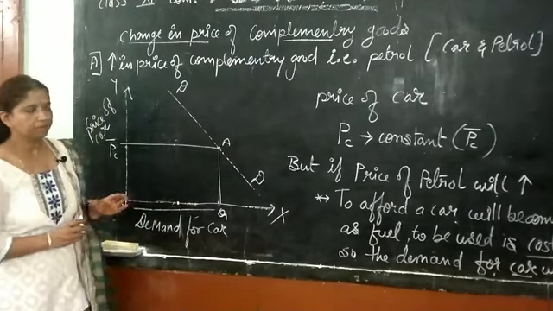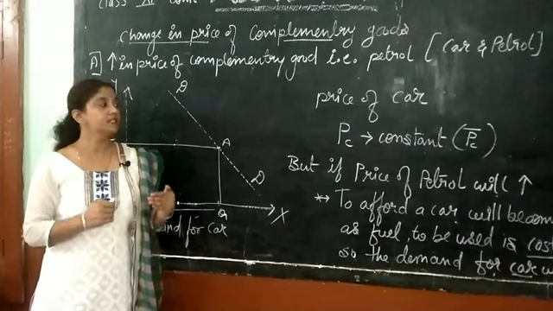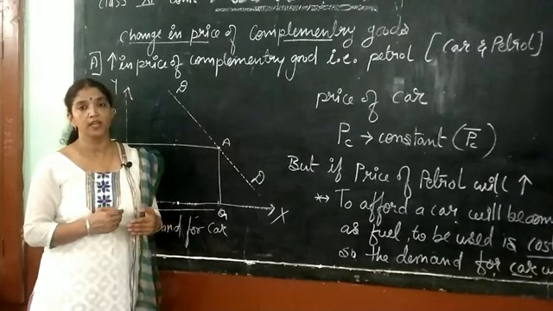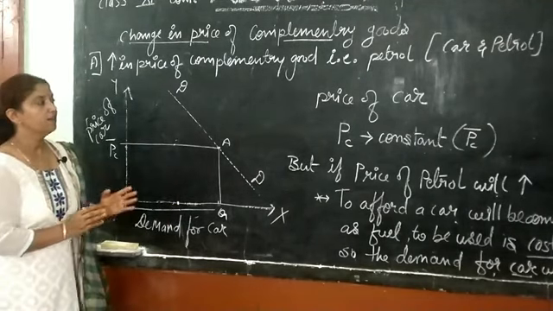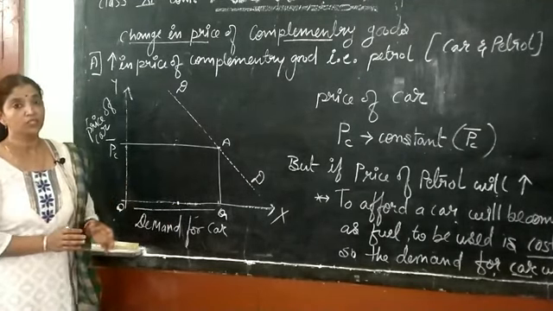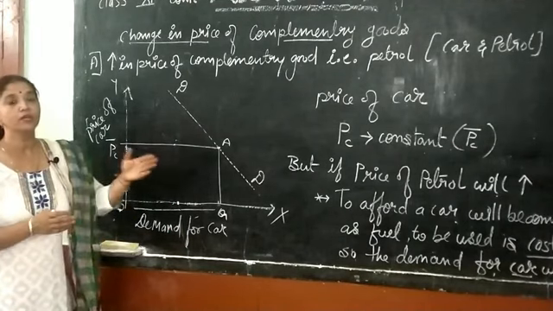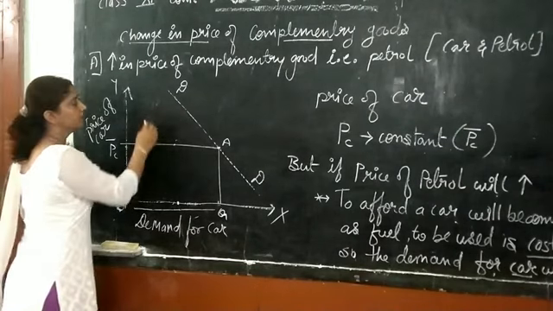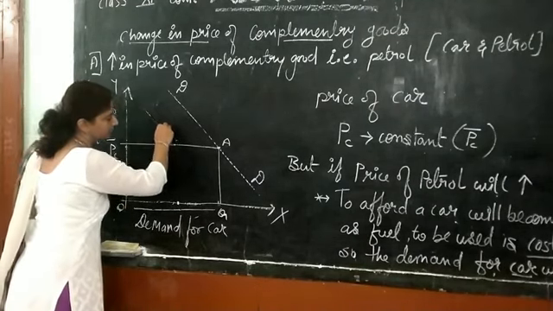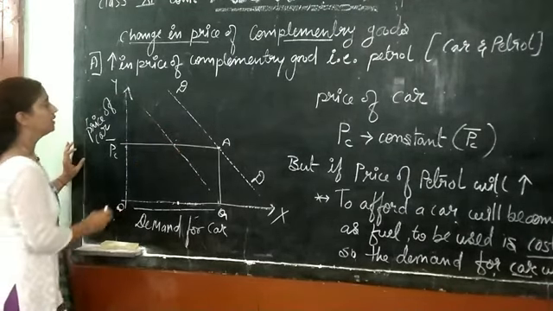But as the price of petrol is increasing, it will be costlier for consumers to hold or afford a car, because fuel is going to be expensive. That's why the demand for cars will reduce in the market, and the new demand curve shifts towards the origin.